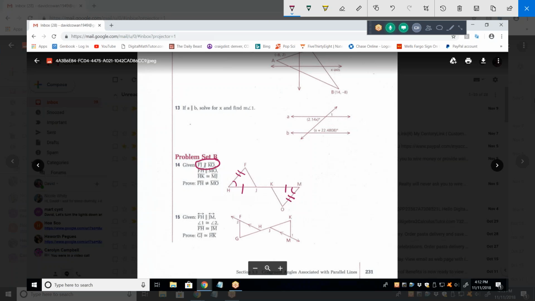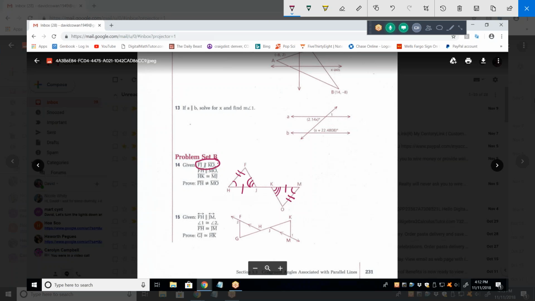The reason is that if FH was congruent to MO, these two triangles would be congruent because it's side, angle, side. And if these two triangles are congruent, then that angle would have to equal this angle right here. If we have 3 equal sides and 3 equal angles, FJ has got to be parallel to KO.